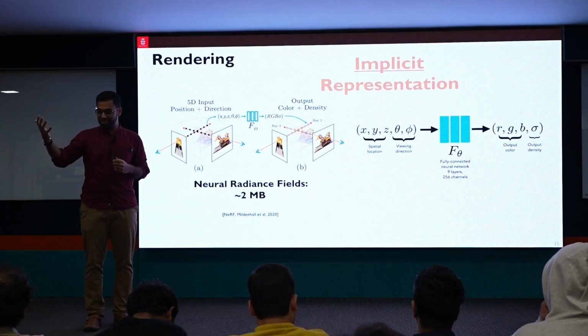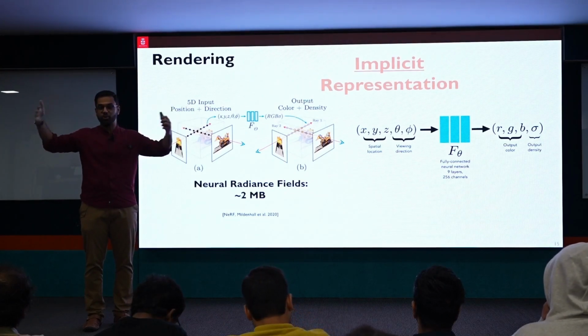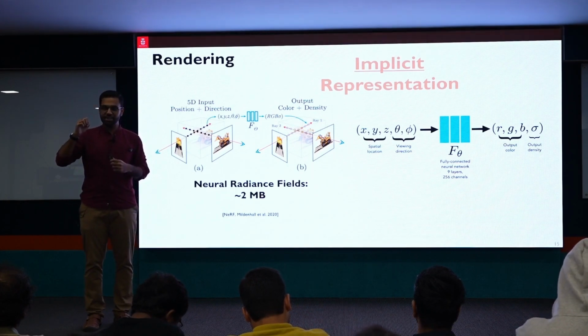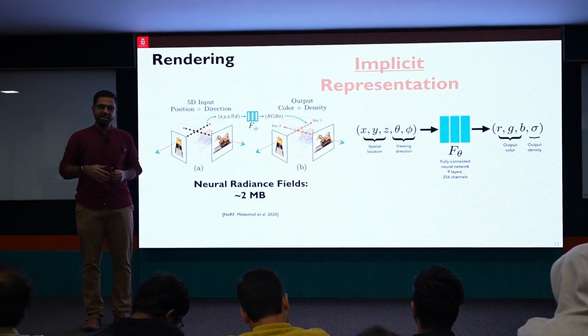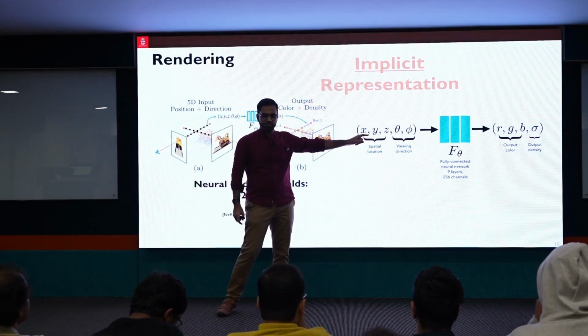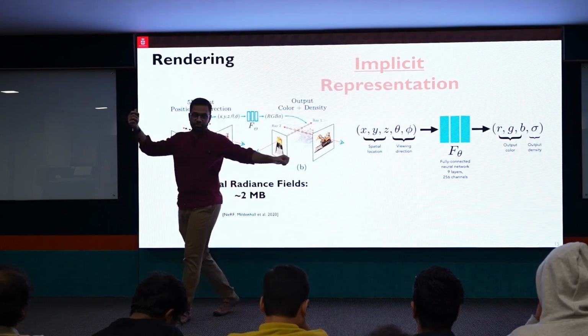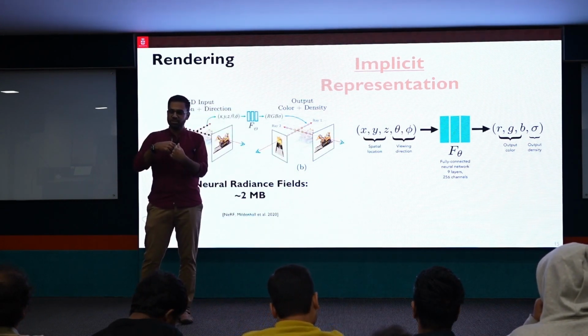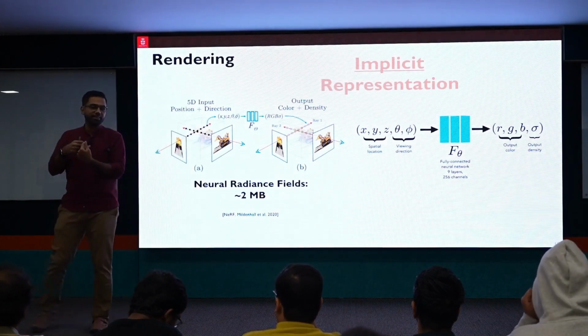So that would be an explicit representation. You're explicitly dividing the whole space into lots of grid cells and then storing the values at that position, right? Like a big 3D table, right? Whereas here, it's an implicit representation. So in order to get the value at a certain point, you need to ask the neural network. It's implicitly stored inside the neural network, right? So that's what we call an implicit representation.